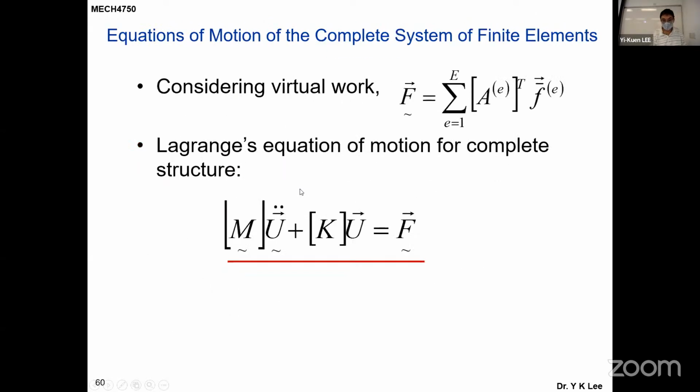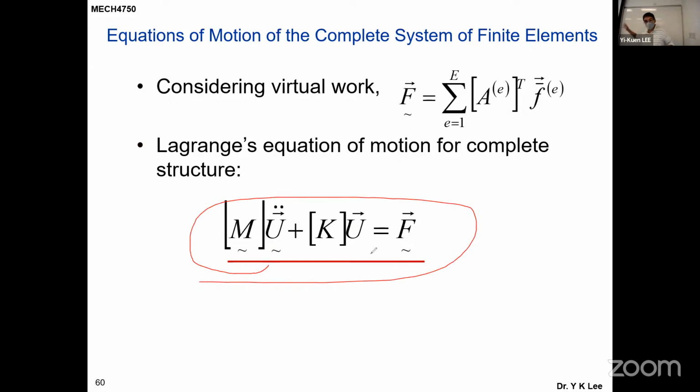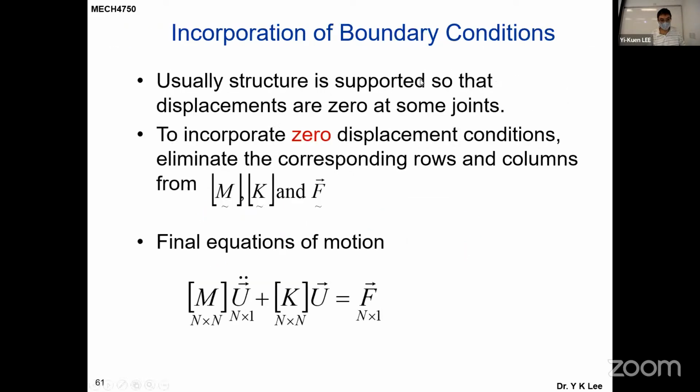Finally, I can construct the whole global equation of motion based on finite element, and then we can solve this on a computer. Remember, this can be very large for a real product. Here I just show you a very simple example to describe the basic concept of FEM.